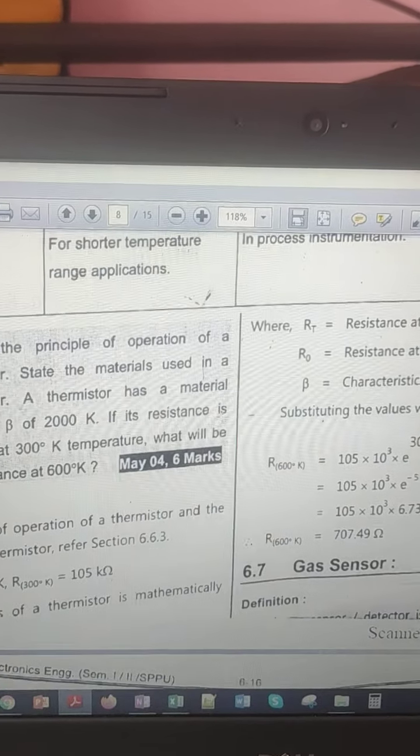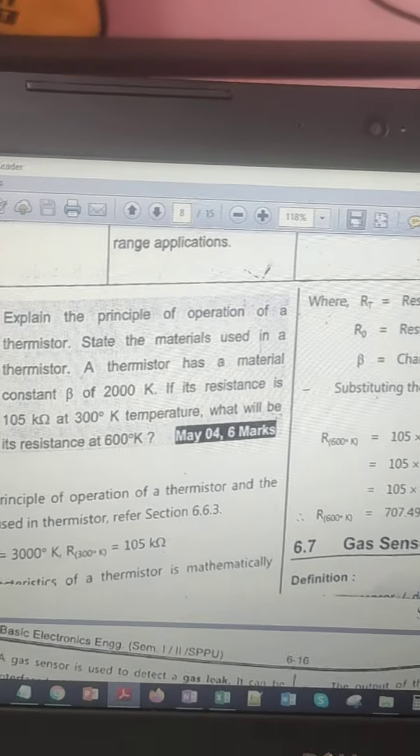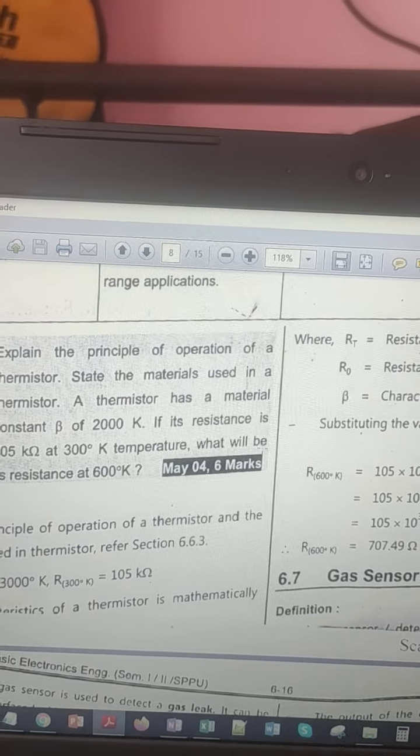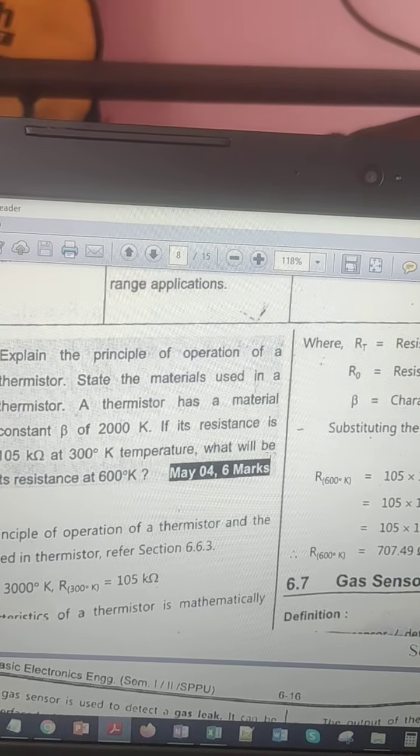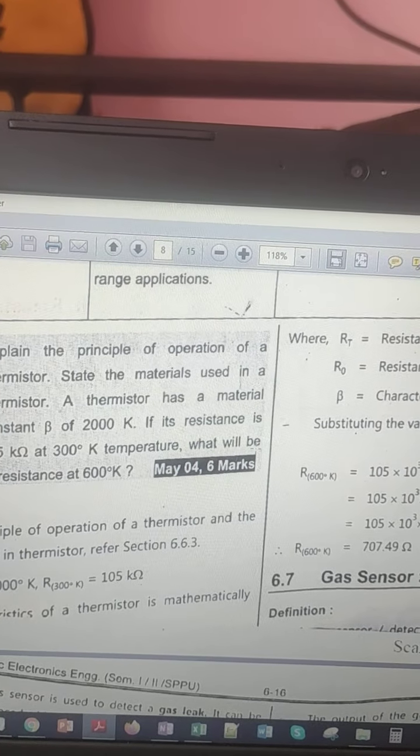This type of problem is also asked in the exam. Explain the principle of operation of a thermistor, and suppose a thermistor has a constant beta of 2000 Kelvin.